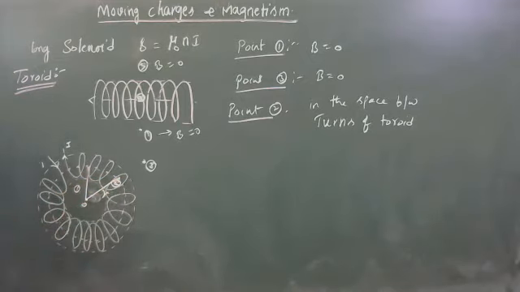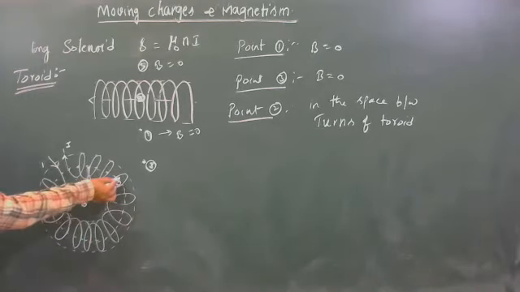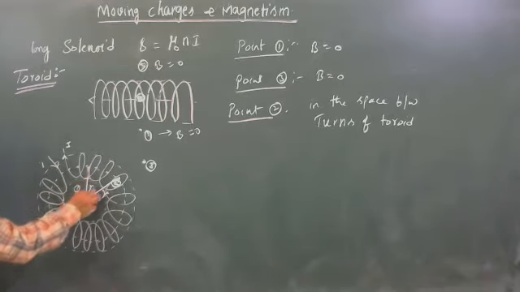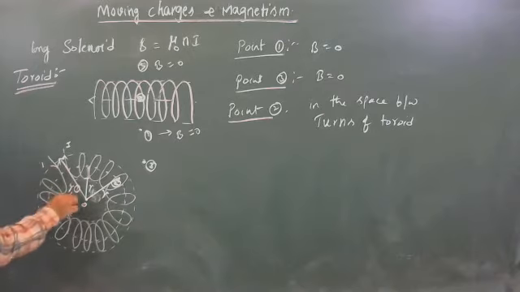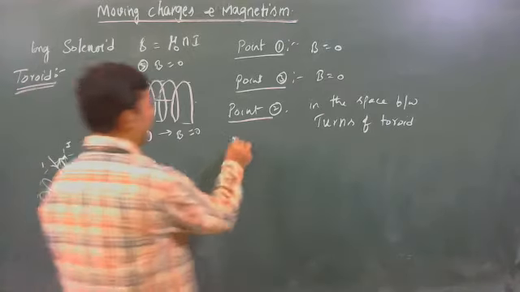Let the radius distance be r, where I take the point r. Inner radius of toroid r1, outer radius of toroid r2.